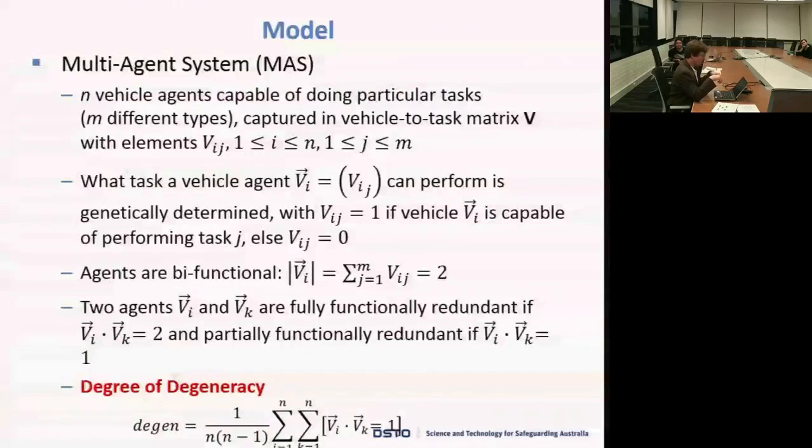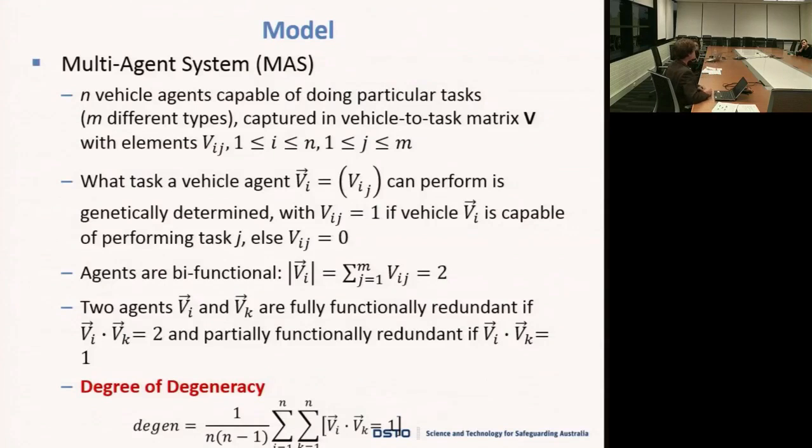This is a square bracket notation we use to say that if the dot product is 1, the value of the square bracket operator is 1. If it is any other value, 0 or 2, it's 0, and you calculate the sum over that. So you build all possible dot products of your vehicles in the fleet, and you only count those where the dot product is 1.